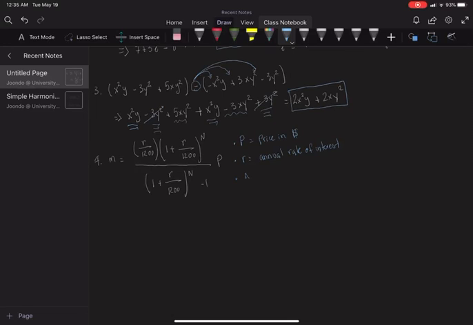N is the number of months. And that's what we have to know. So our mission is to solve for P. We have an equation in terms of M, but we have to solve for P.